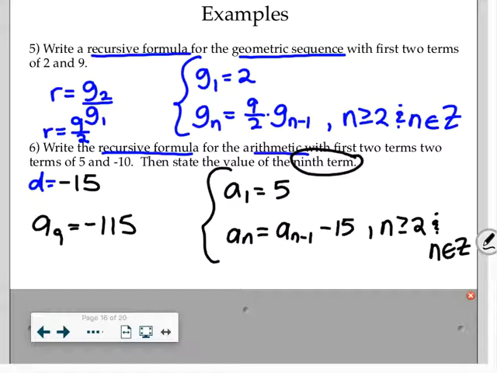If I want to do explicit, a sub n equals a sub 1 plus d times n minus 1. I know the first term and d, and then you plug in 9 for n. d is negative 15, a sub 1 is 5. All right, other questions?